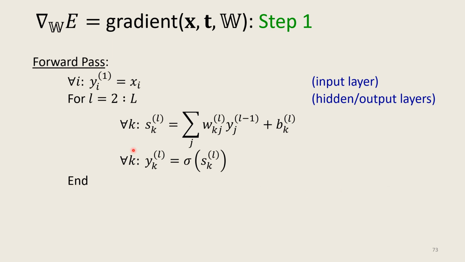And we proceed all the way to the output layer. From layer 2, we get the net inputs of layer 2 and the outputs of layer 2, and that will be used in computing the net inputs and outputs of layer 3 and so on.